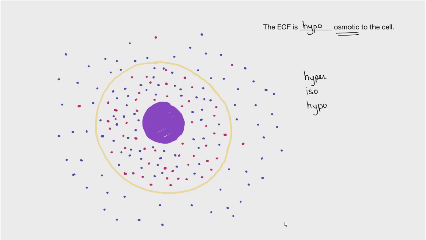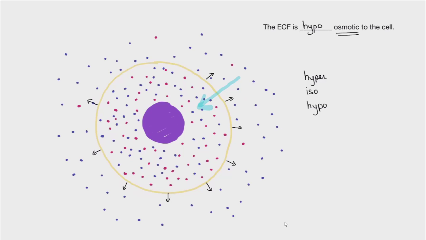So based on this image, you might predict that water is going to move from the extracellular fluid to the intracellular fluid. And when it moves to the intracellular fluid, it's actually going to make that cell expand out as it gains water. Much like a water balloon, as you fill it up, continues to expand outwards.